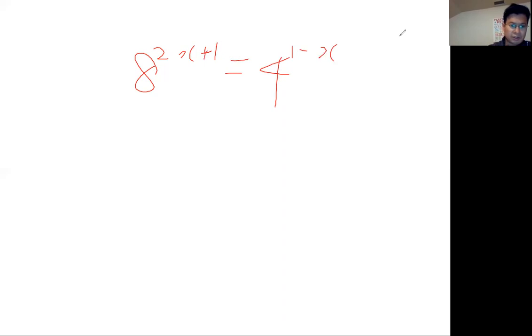And then, in the real numbers, what is the solution of this equation? 8 to the 2x plus 1 equals 4 to the 1 minus x. As soon as you see this, the base number is different, so we have to make it the same. Obviously you can think of 8 as 2 cubed, and 4 as 2 squared.